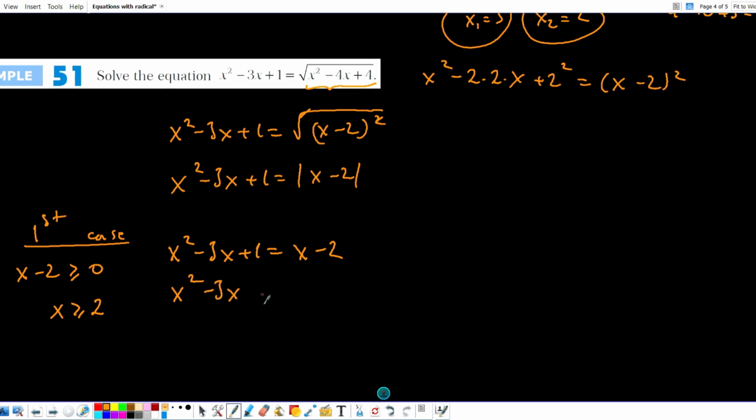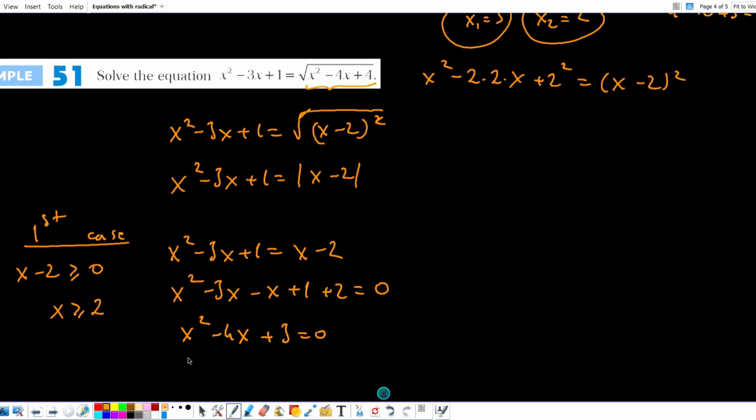It will be x squared minus 3x, and when I change the place, it will be minus x. Here I have plus 1, and this one will be plus 2 is equal to 0. So it will become x squared minus 4x plus 3 is equal to 0.